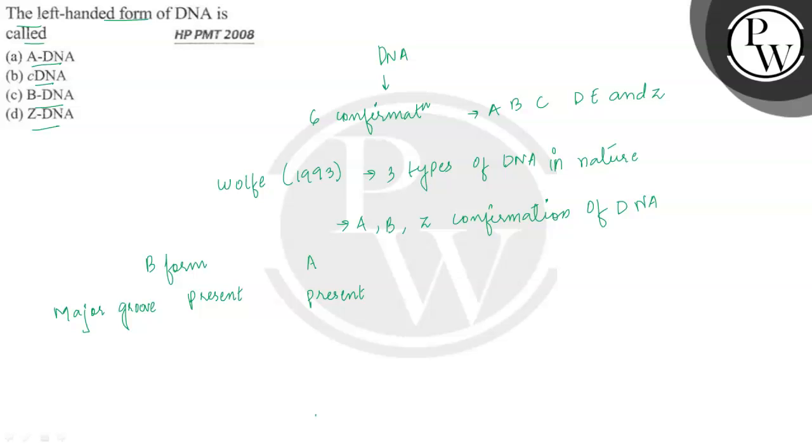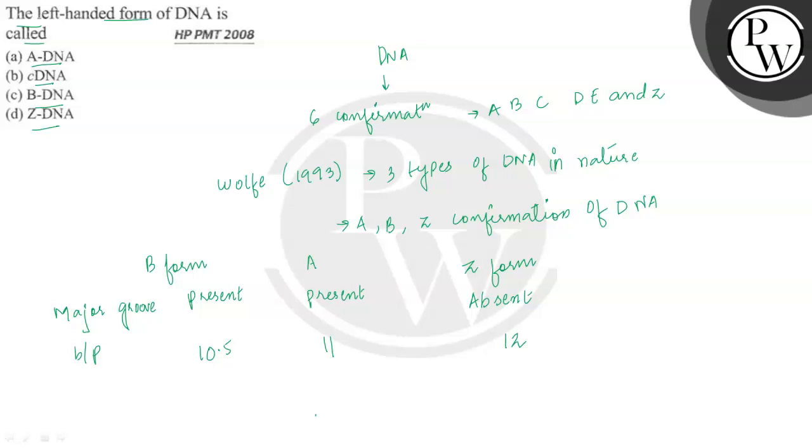However, in case of the Z form, we see the major groove is absent. And the base pair. In case of B form, we see that the base pair is 10.5, whereas in case of A, it is 11 and in case of Z, it is 12.